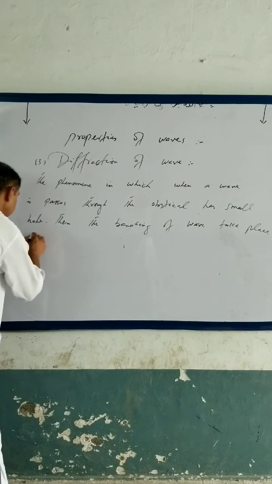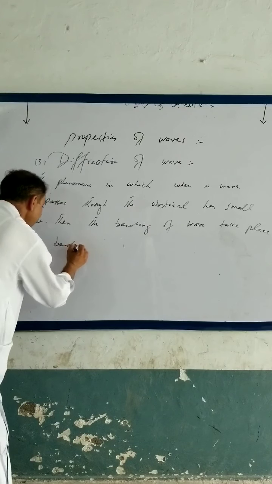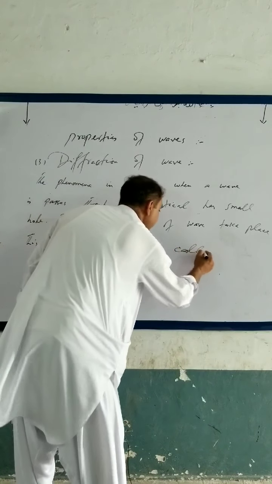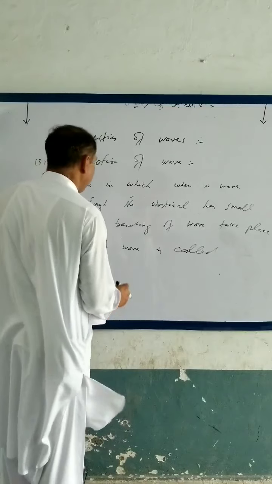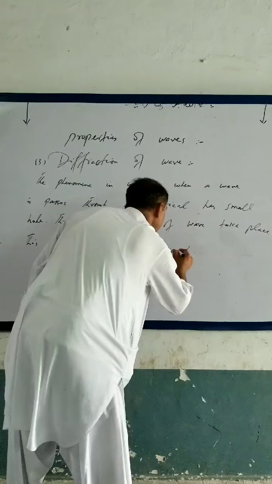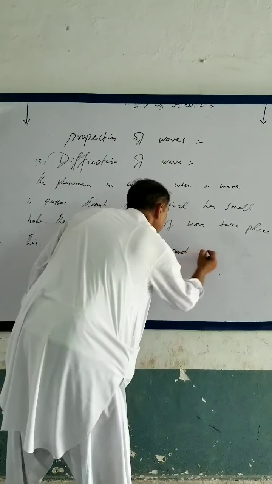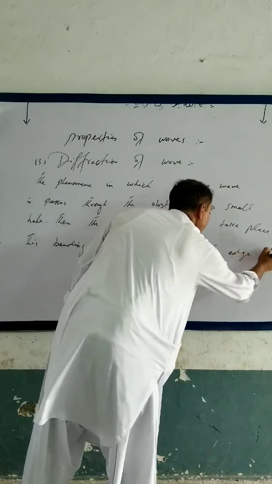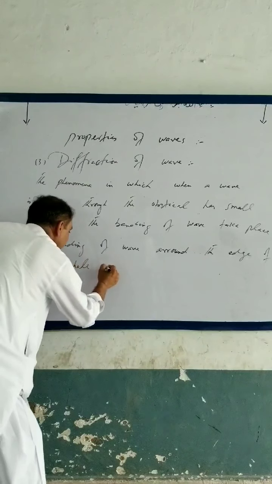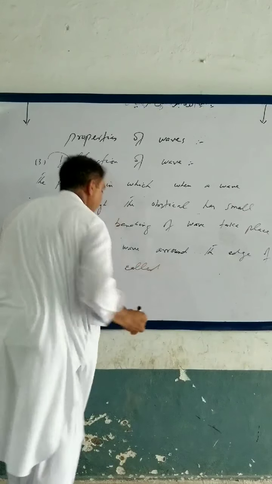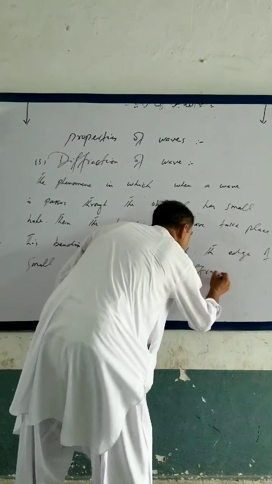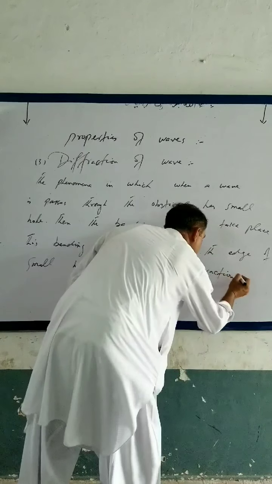This bending of wave around the edge of the small hole is called diffraction of wave.